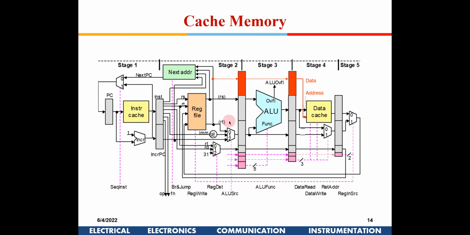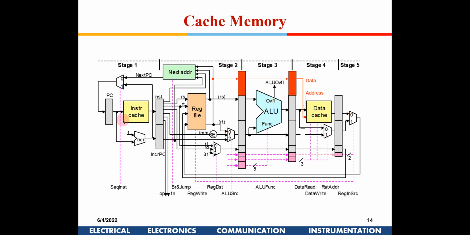Many times you will find that the same instruction is being used, so you could bypass the ALU also. If some data is already available in the data cache, as a result of some operation, when you are calling for that operation, you can bypass the ALU and take that data from the cache memory and give it to the output.